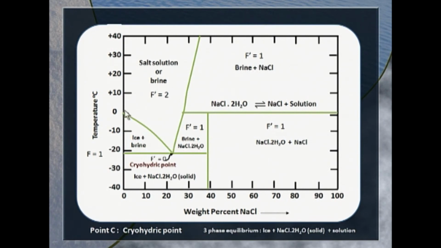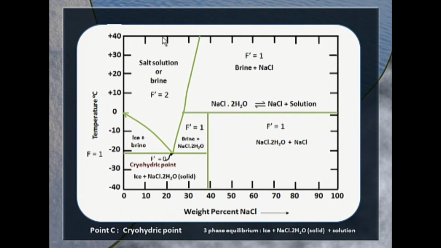We have the line here which gives us the freezing point of ice. As the amount of salt is increased, freezing point decreases. This goes almost vertical. With the increase in temperature, the solubility of the dihydrate does not increase much. Even beyond that, solubility of sodium chloride also does not increase much with the temperature.